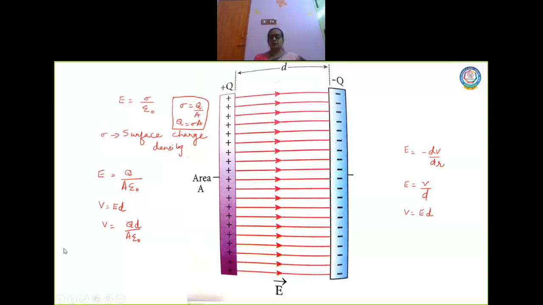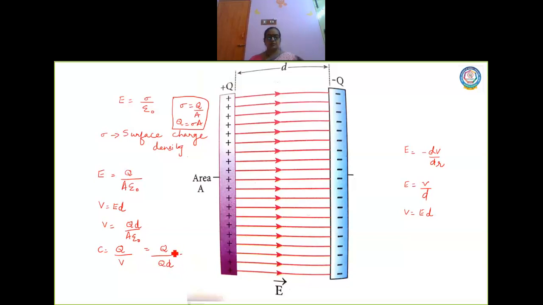Now I'm going to find out the capacitance. As you all know, capacitance is nothing but the ratio of the magnitude of the charge to the potential that is developed. Yes or no? So substitute now: Q by V, where V is again QD by A epsilon naught.